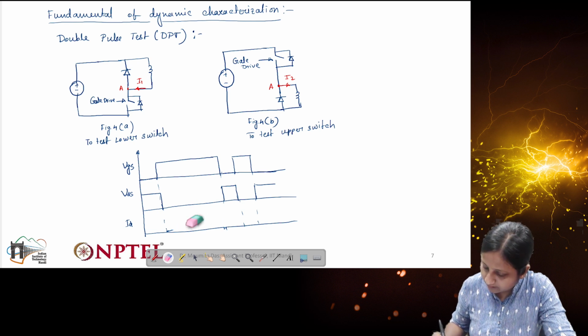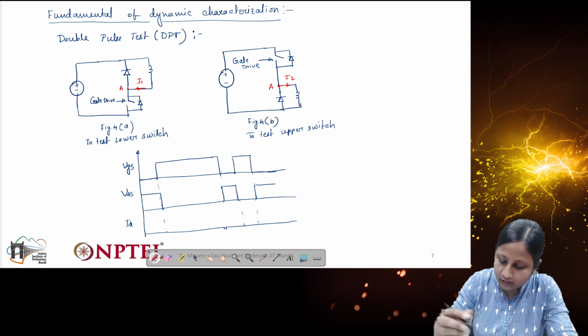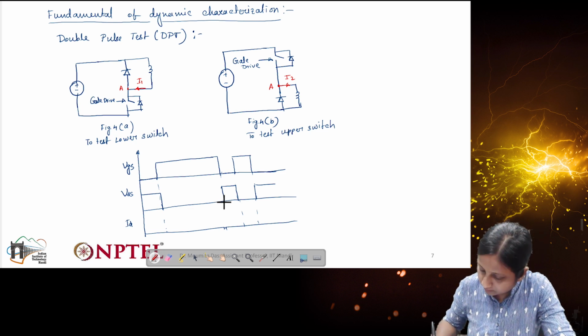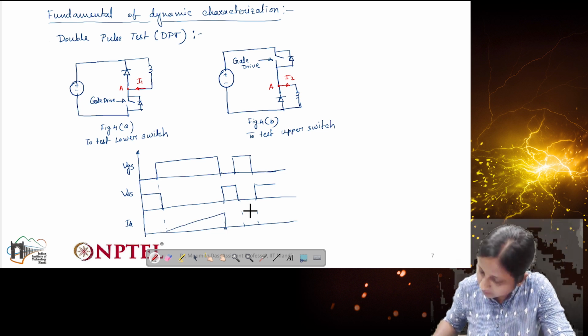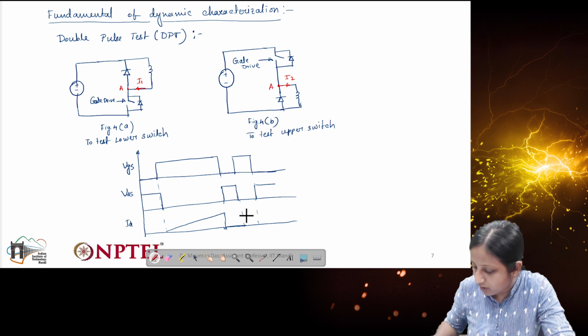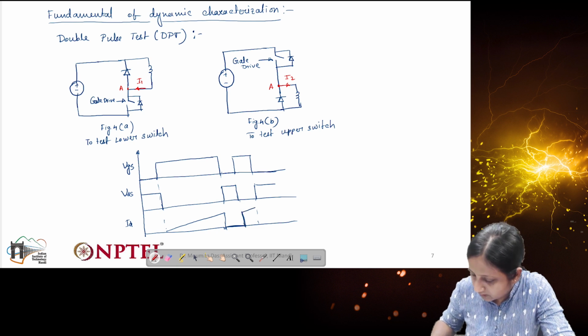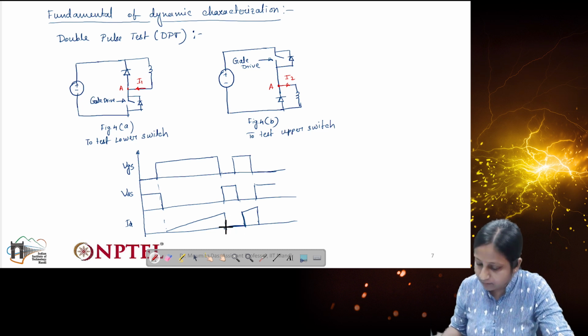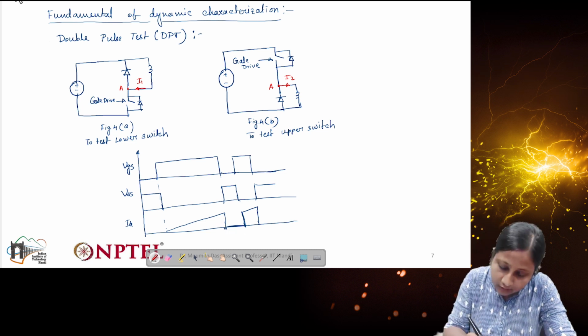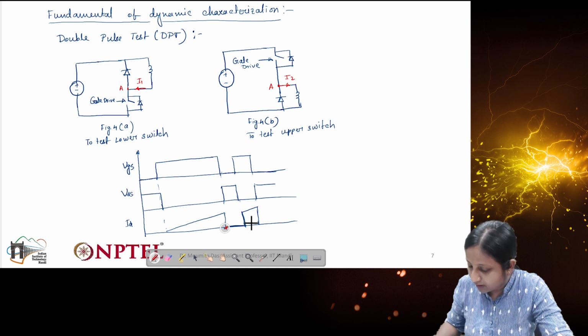So let me draw it in one line. During this time the switch will be off and the current will be 0, and then again the current will start from wherever it was in the previous duty cycle. This is the time. Now there are two important points here, this point and this point.